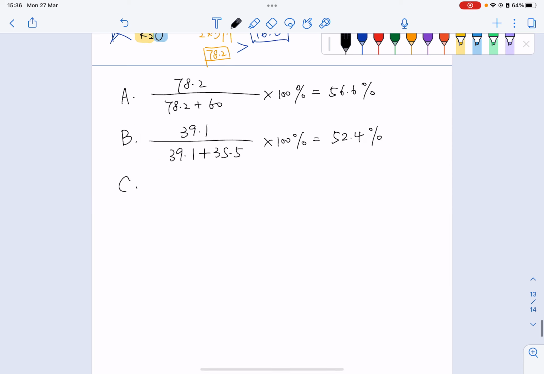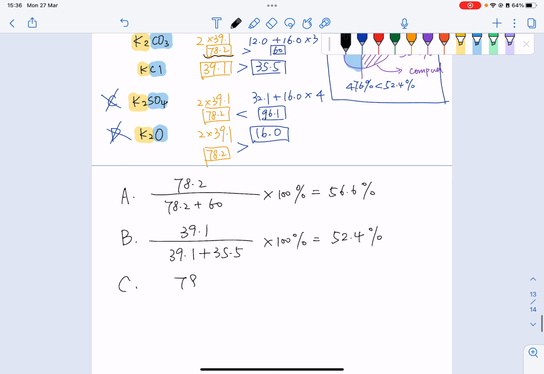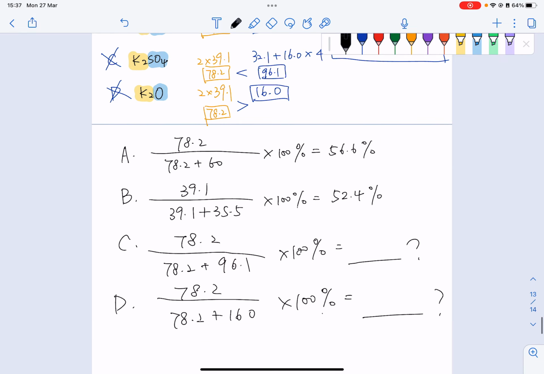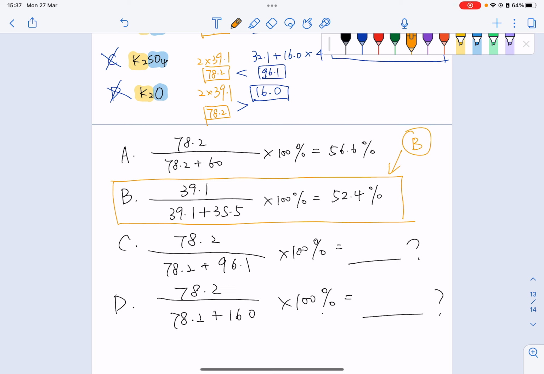For example, here it is 78.2 divided by 78.2 plus 96.1, times 100, and here 78.2 divided by 78.2 plus 16.0, times 100. If you calculate it, you will surely know that these answers definitely do not belong. Then we know that the percentage is exactly 52.4, so we should choose B here.